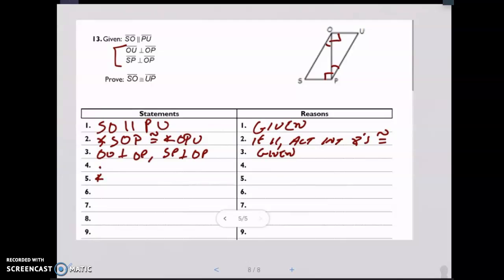Angle UOP and angle OPS are right. And the reason is because if perp, then right. And not only are they right, so now that they're both right, they're congruent.